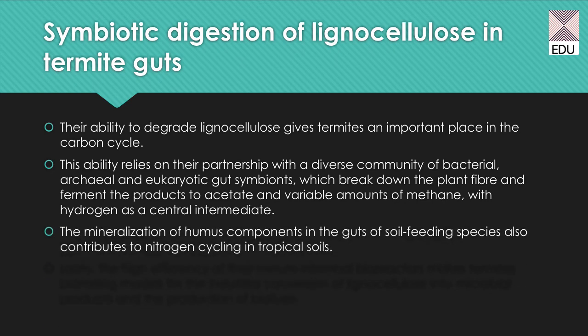The mineralization of humus components in the guts of the soil feeding species also contributes to nitrogen cycling in the tropical soils. So this is again a very important point. In the guts of these termites, mineralization of the humus components takes place as they take in the soil along with the wood and plant materials.